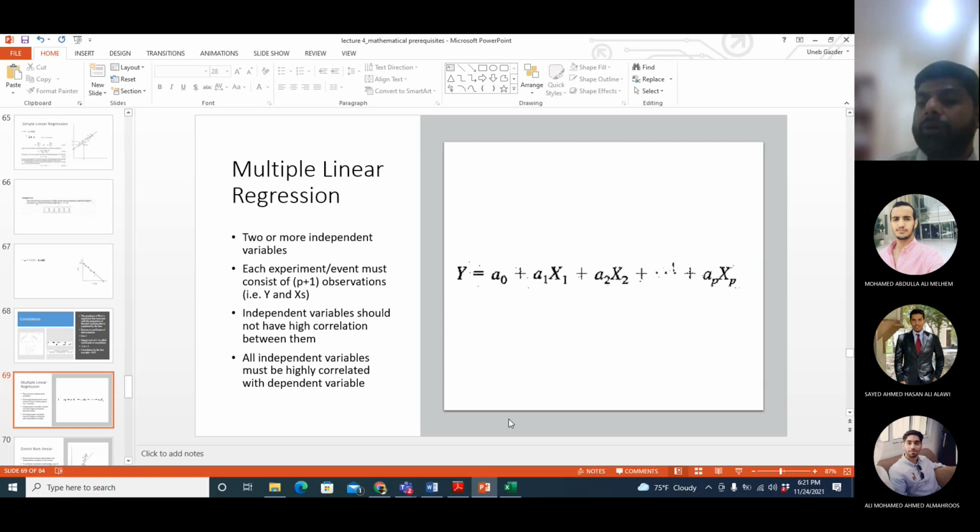So if your experiment was to find out the speed of the vehicles, and your independent variables were density, width of the lane, and let's say a gradient, then each time you observe speed, you will observe these three things as well.